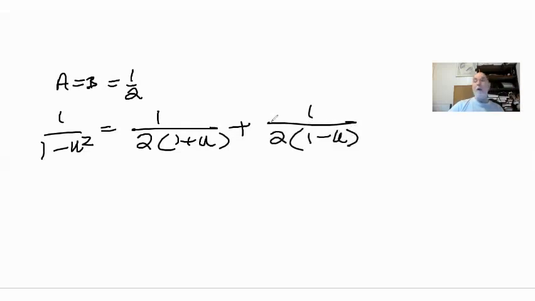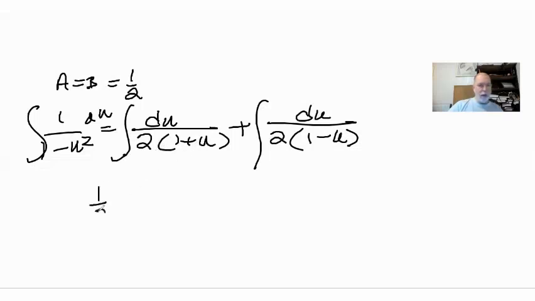Okay, beautiful. Now, this is something that we can integrate, right? du equals this. Let's just keep them separate, plus du. All right. So then we can just add up these solutions. So what do we get with this one here? Well, this one here is going to end up being 1/2 of the log of 1 plus u.